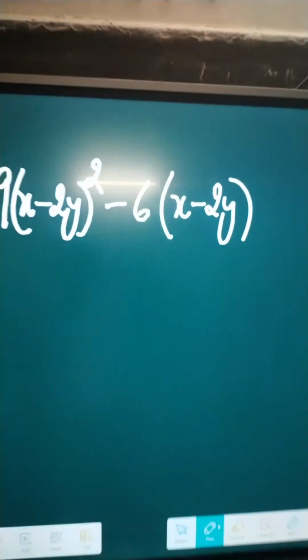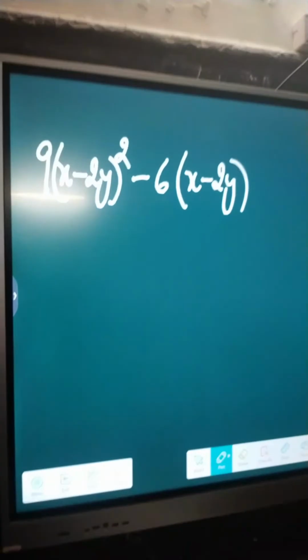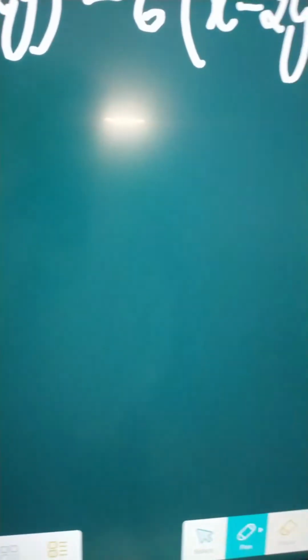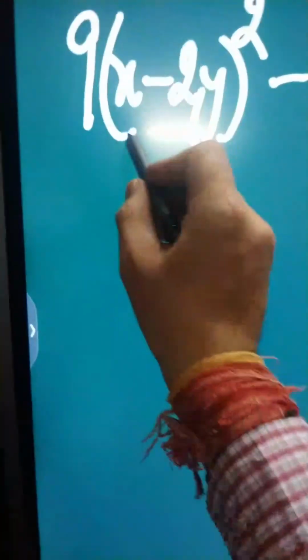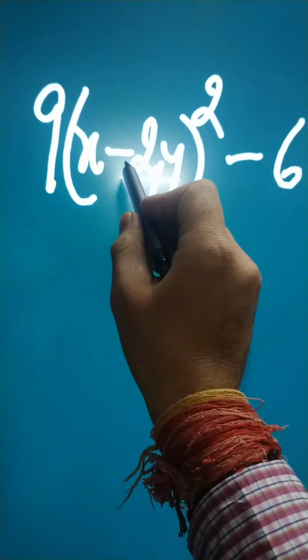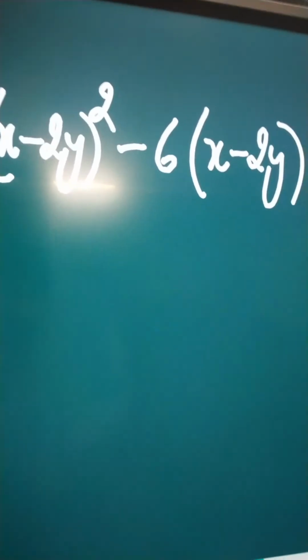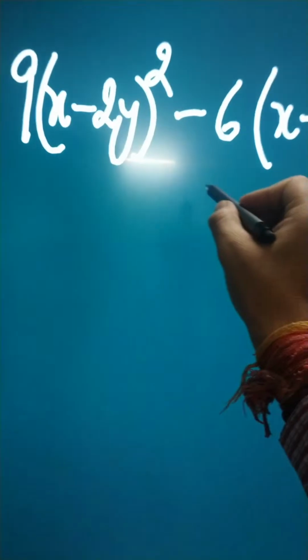Now both the brackets are the same, x minus 2y, x minus 2y. Okay, so now what will I do? It can be solved in two ways. This x minus 2y is common.